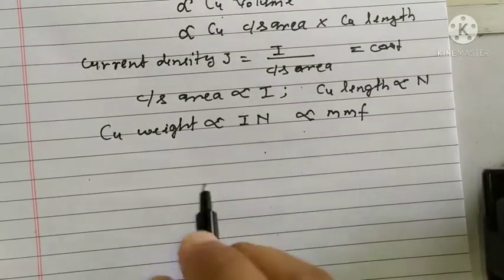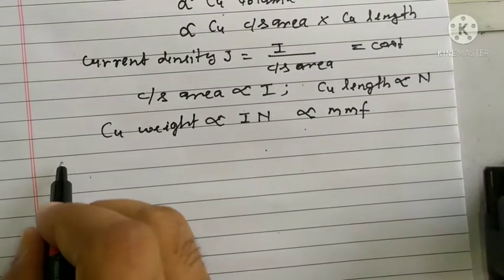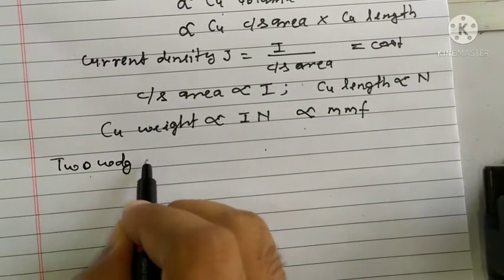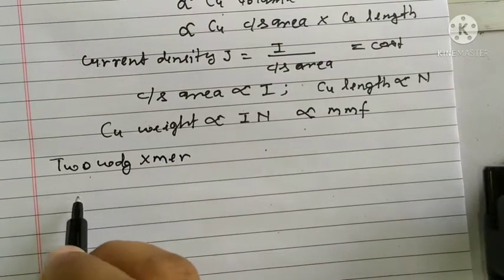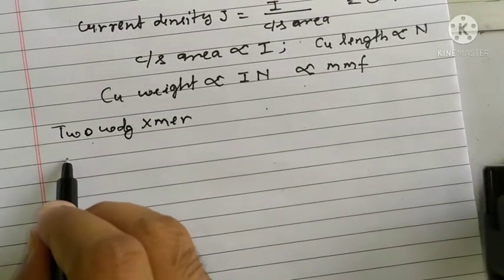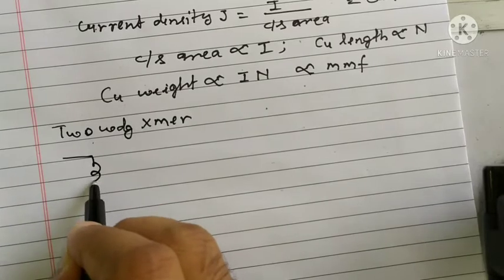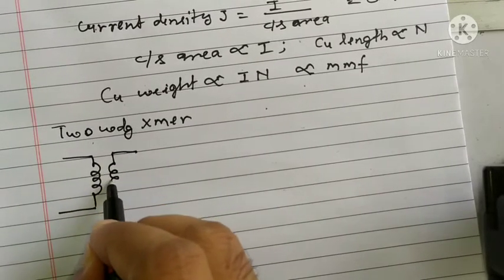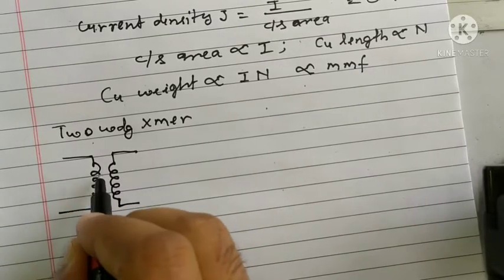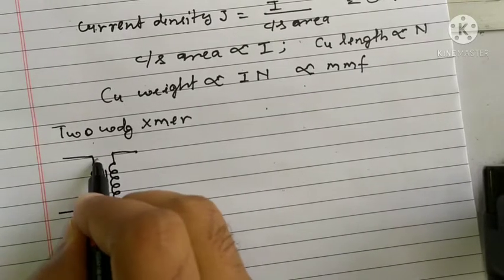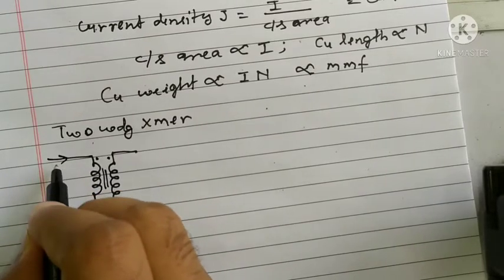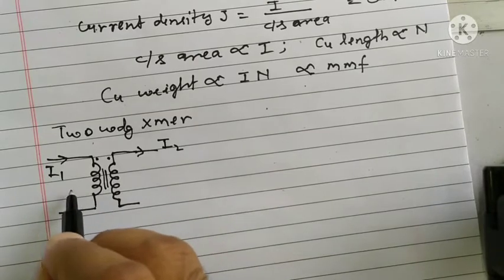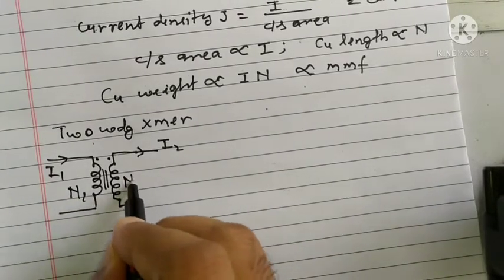So let me take the transformers. So two winding transformer, that is our conventional transformer. So it has primary and secondary winding. Current is I1, current is I2, number of turns N1 and number of turns N2.